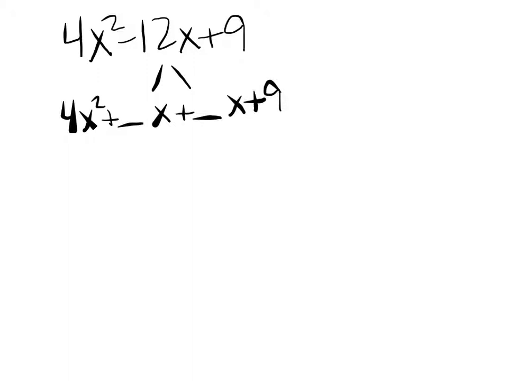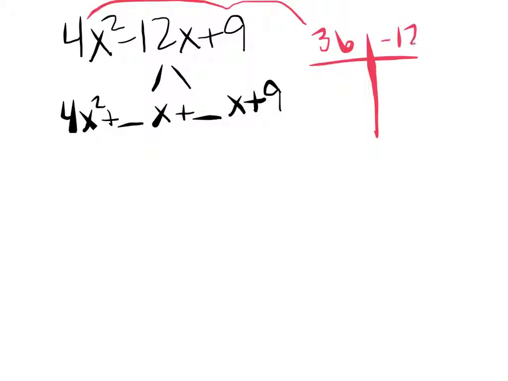According to factor by grouping, I'm going to look for numbers that multiply to be 36 and add together to be negative 12. 6 times 6 is 36, and if they're both negative, do they add to be negative 12? Yes. So I'm going to fill in my blanks with negative 6.